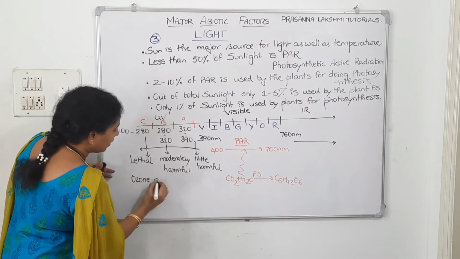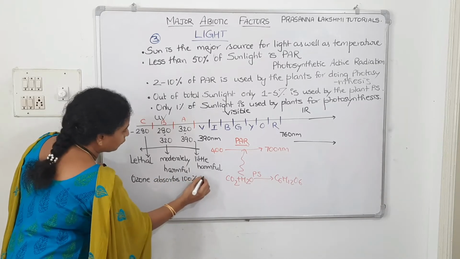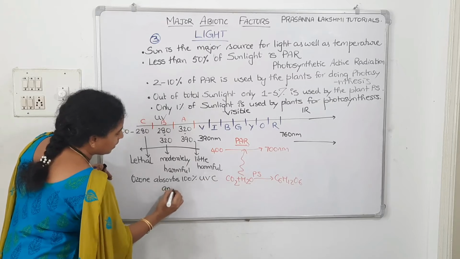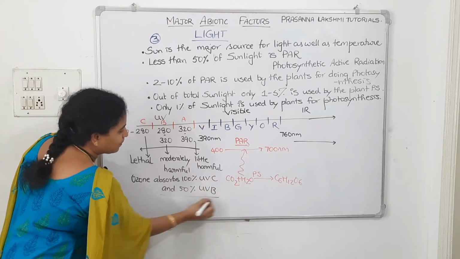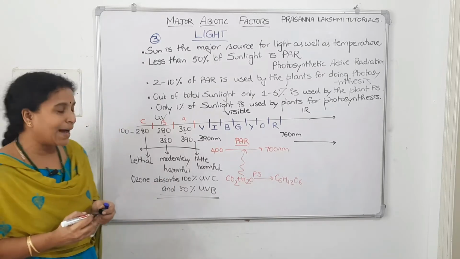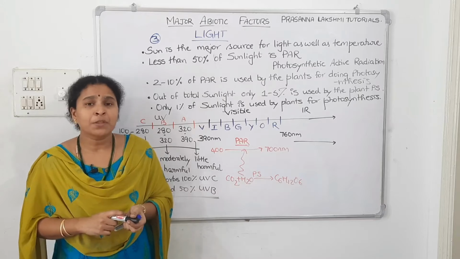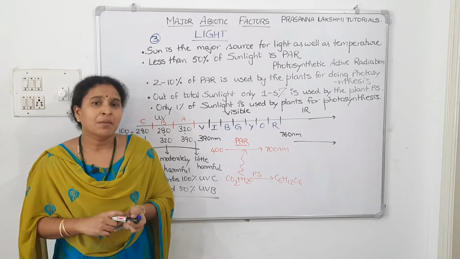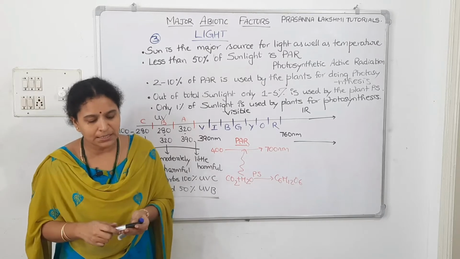So most of the harmful radiations, ozone will absorb. But because of pollutants, the ozone layer is getting damaged. That's why more UV radiations are coming down, which is causing skin cancers and all those things.